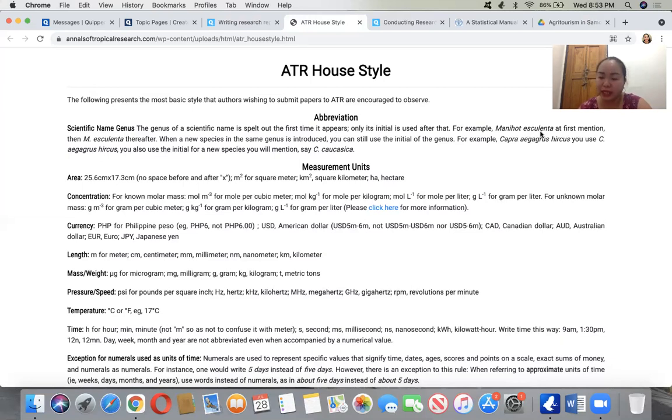Then in your abstract, the full name is mentioned, and in a paragraph, like within the introduction, and then within a subtopic of the review of literature, and then within the discussion of a specific topic, Manihot esculenta should be spelled out fully at the first mention, and then after that it is just M. esculenta, something like that.